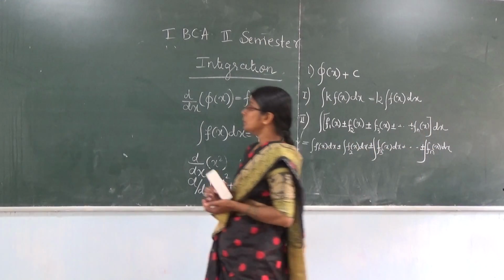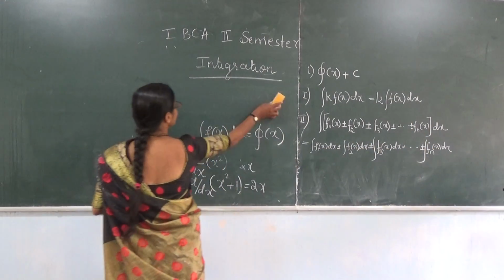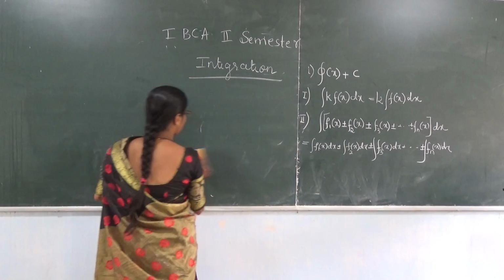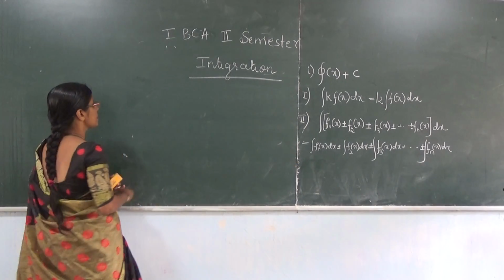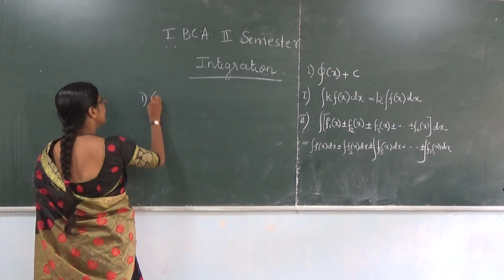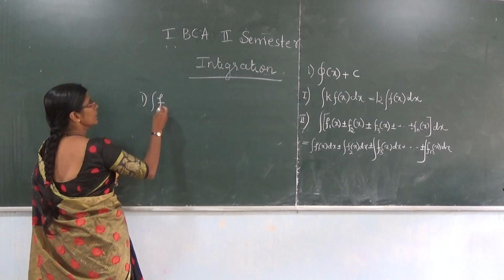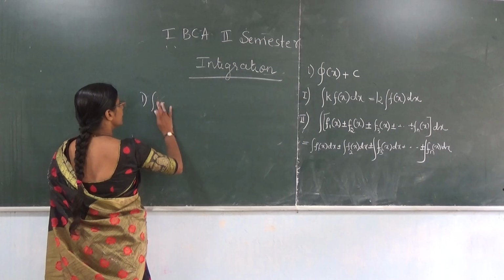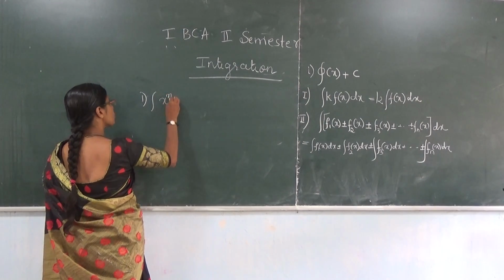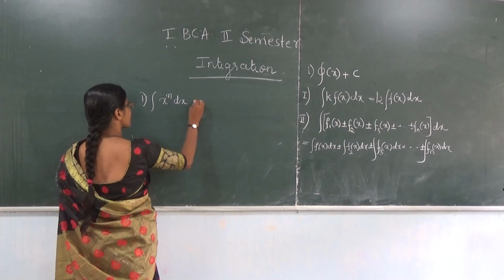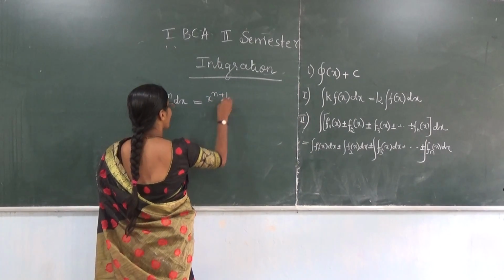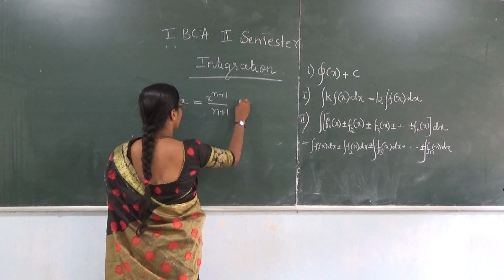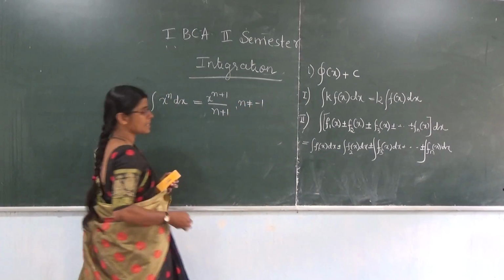And now you have three standard functions you have to consider. First one, integral of x to the power n with respect to x, that is equal to x to the power n plus 1 divided by n plus 1, where n is not equal to minus 1.